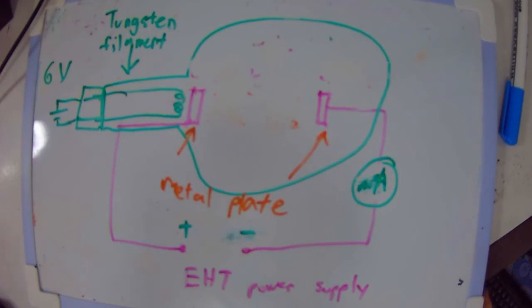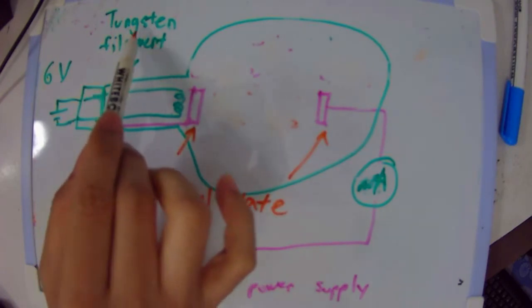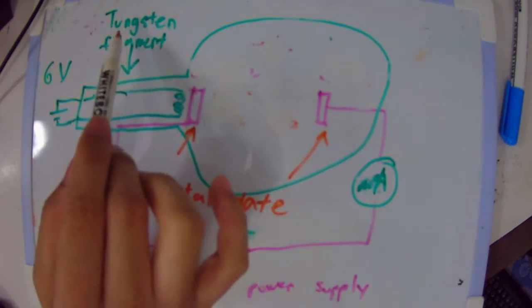Now, if you think about it carefully, you should be able to figure out the reason why. It has to do with what I was explaining just now. The tungsten filament is here, so it will still heat up.